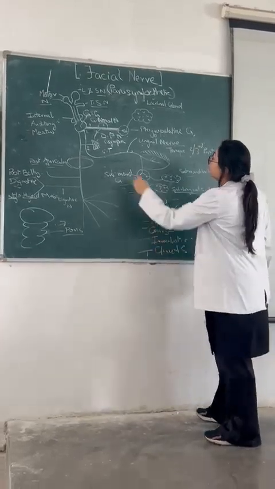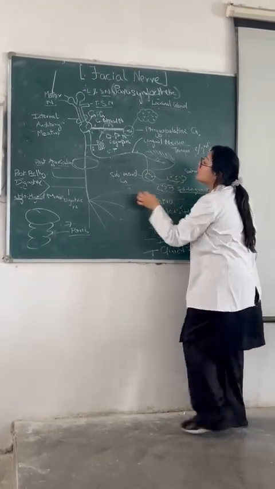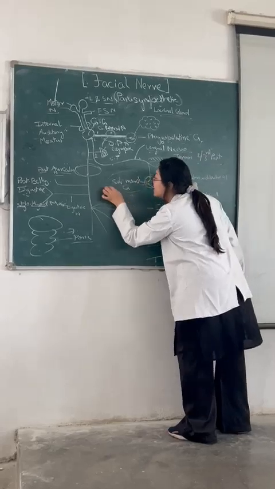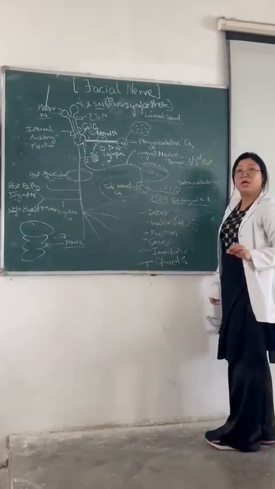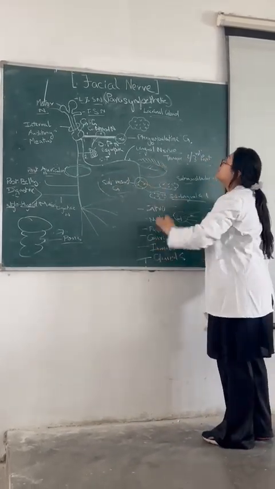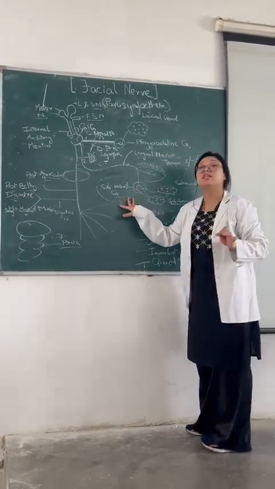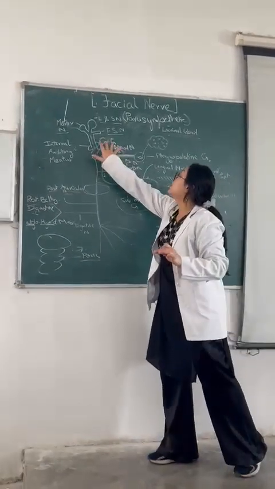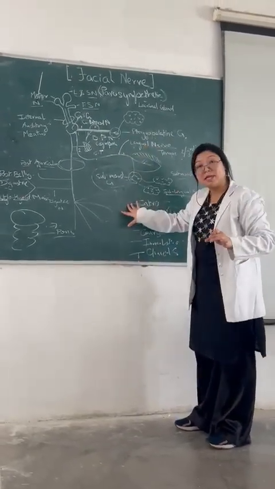Okay? Now, after supplying the tongue sensation, it goes and joins another parasympathetic ganglion known as the submandibular ganglion. It actually participates just like the pterygopalatine ganglion. Why am I emphasizing this? Because people get confused about what the geniculate ganglion does and what these two do. They actually participate.